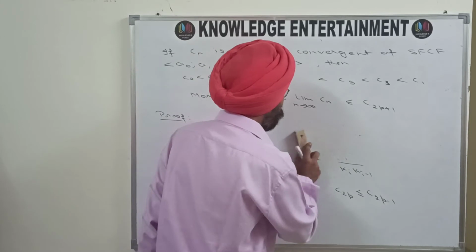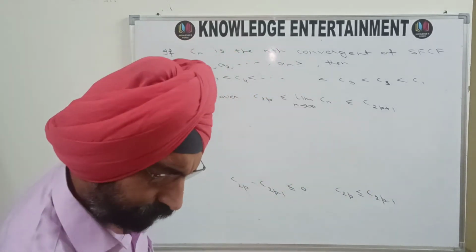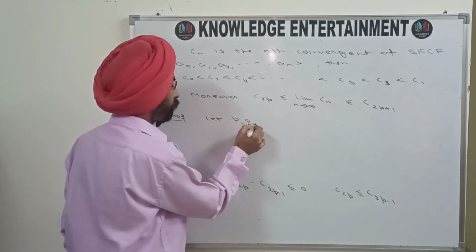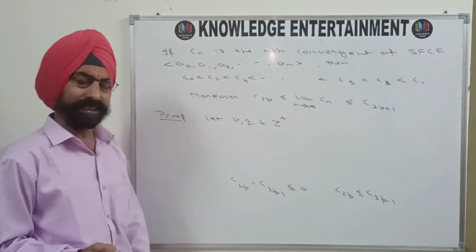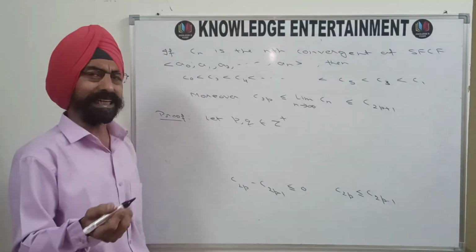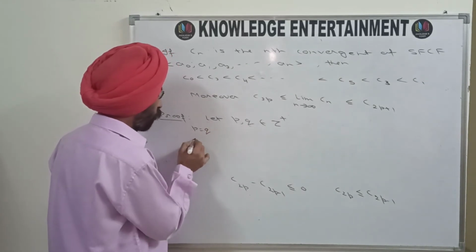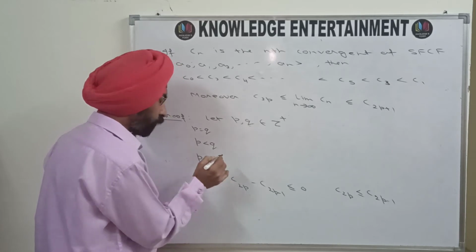Now, take two different integers p and q. Let p and q be any two different positive integers. So three cases may be there. Either p is equal to q, or p is less than q, or p is greater than q.